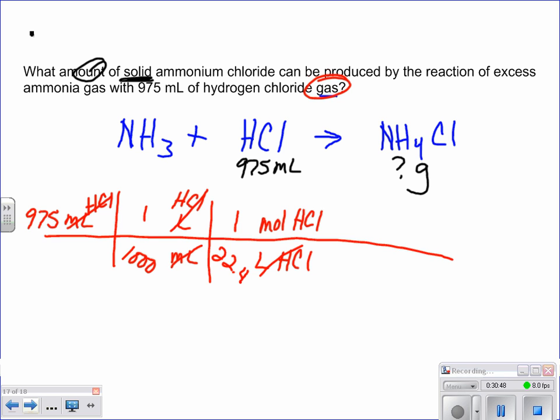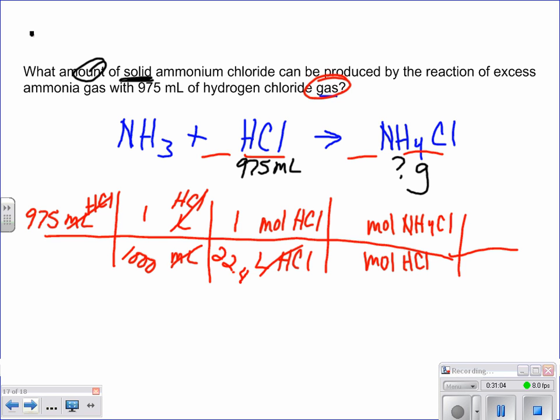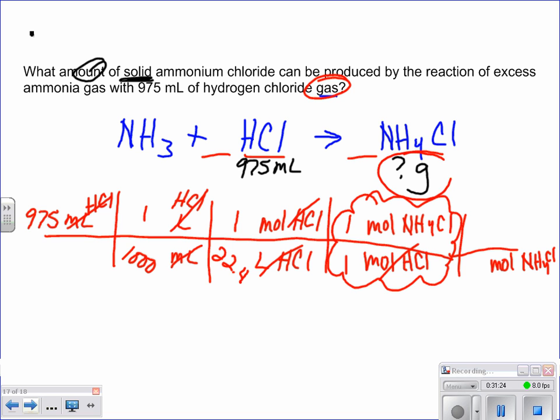So you've got it as moles of this substance. We need to make it go to moles of this substance. So get rid of hydrochloric acid and go to ammonium chloride. Kind of boring, 1 to 1. That's that step. So now you've converted to moles of your new stuff, your ammonium chloride. What's your last step? To get rid of moles and go to grams. So just get into the habit of always looking up here again. What is it that you're looking for? Oh, it's going to be grams.